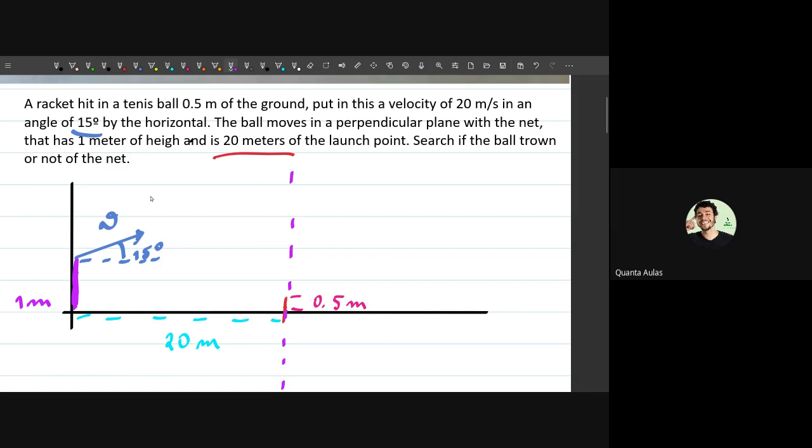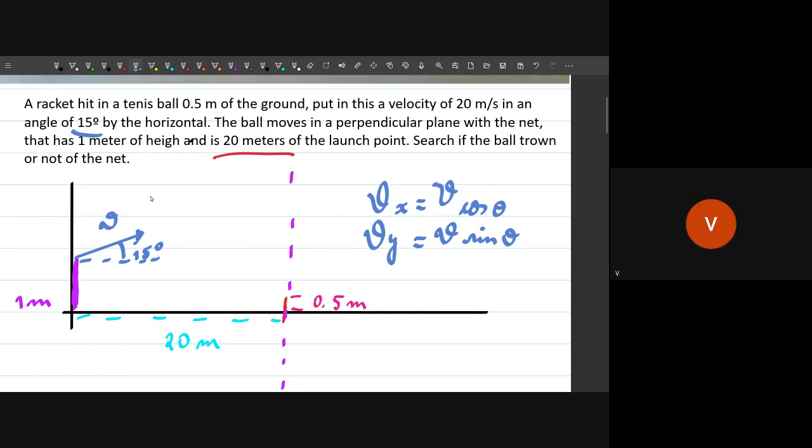The x component is v cosine of the angle, and the vertical velocity in y is v sine. Okay? Everything all right? Yeah. No problem. I'm not sure, but okay.